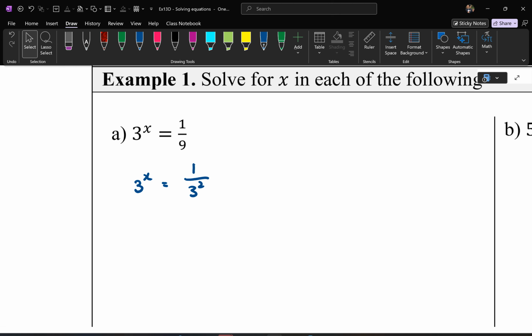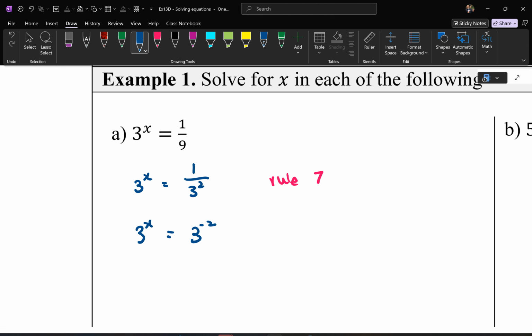So you change from a negative power to a positive power. Right now it's a positive power. So I'm going to write here rule 7. Rule 6 is the power of 0. So here it's 3 to the x is equal to 3 to the negative 2. That's rule number 7. Now they look very much the same. They both have a 3. They both have a power.